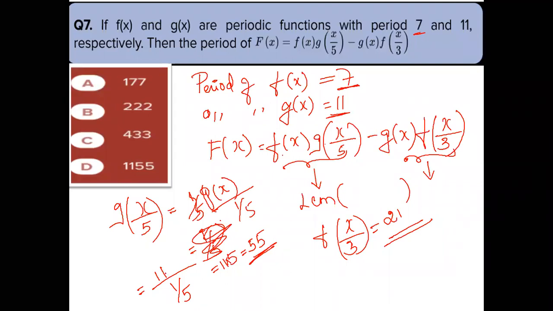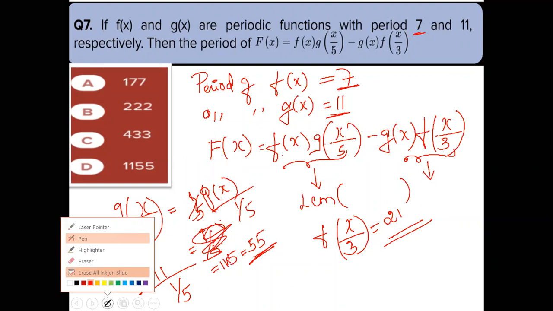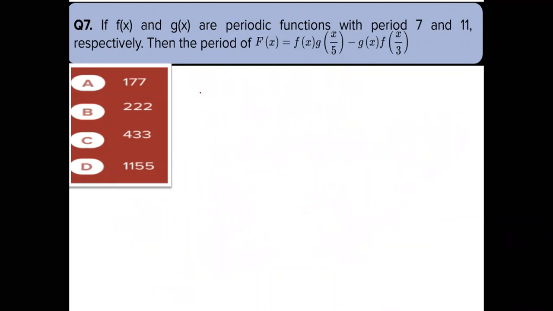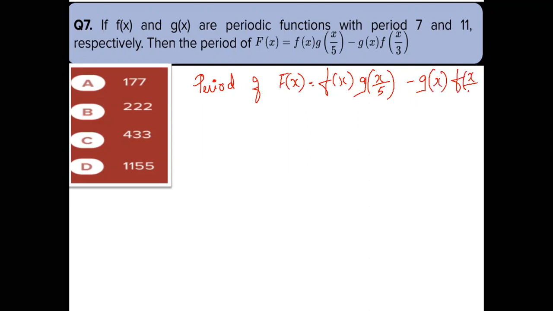Okay, so now you know the period of all the functions in the expression. We have to find the period of f of x into g of x by 5 minus g of x into f of x by 3.